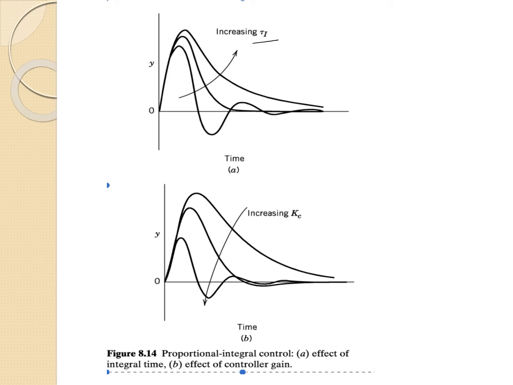Then if we increase the proportional gain, the system will start to fluctuate, become unstable here. Okay, basically to get the good response, we have to play around with this KC for the proportional and this TI for the integral.